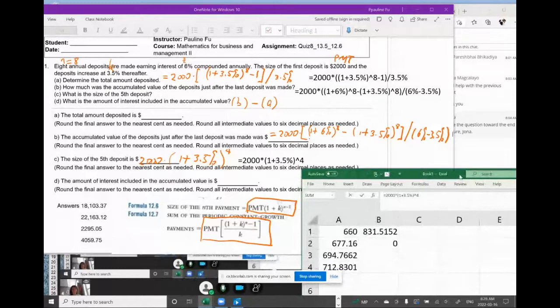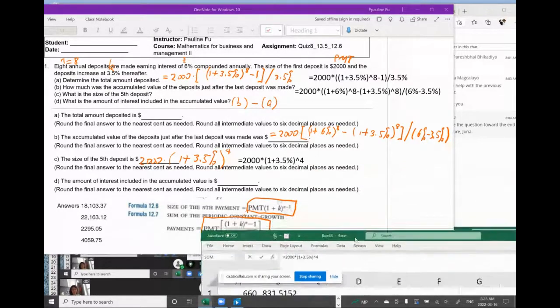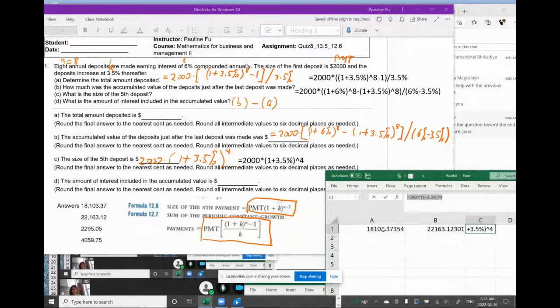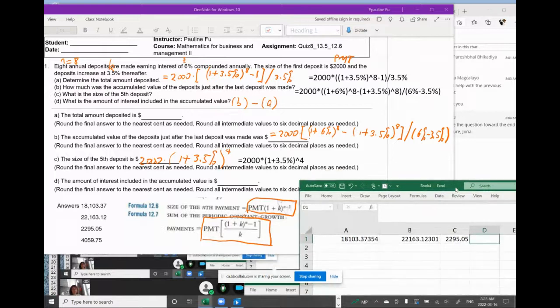So in Excel, this is answer A, this is answer B. So question D, you use the answer for question B minus the answer for question A. So you got $4,059.75.